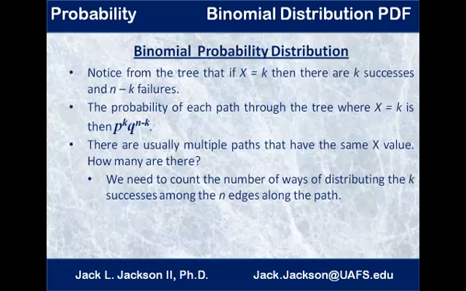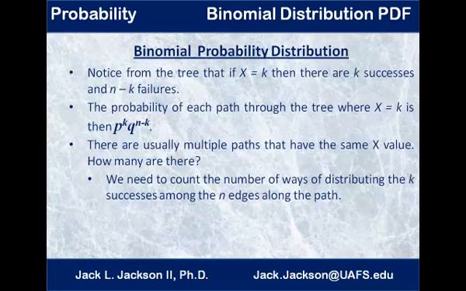We have n edges, and we're going to choose k of those. Does it matter which, if we have two of them already labeled as p's, does it matter if we switch them? No. The order doesn't matter. So we're choosing k of those things from a group of n, and the order doesn't matter.